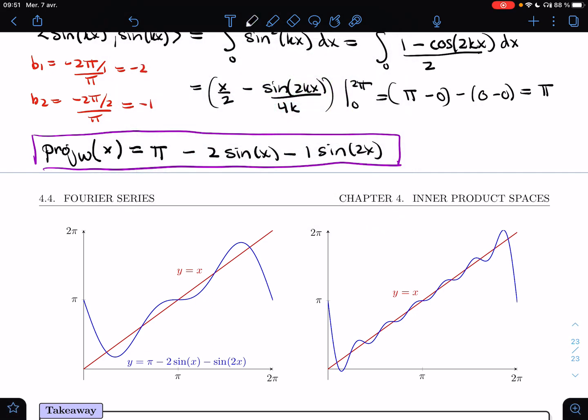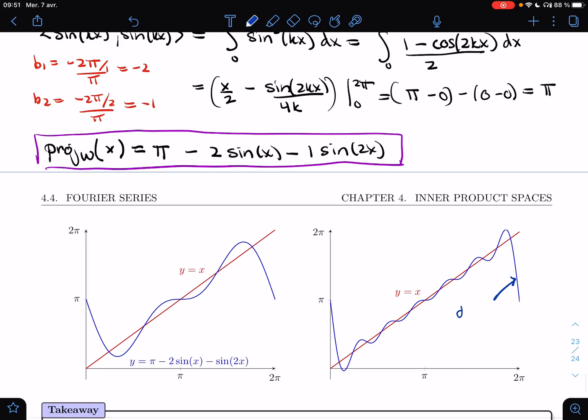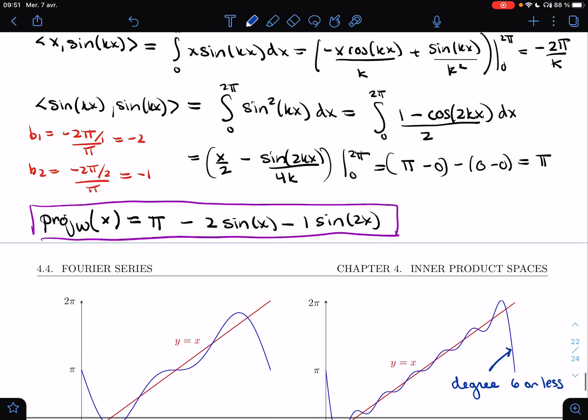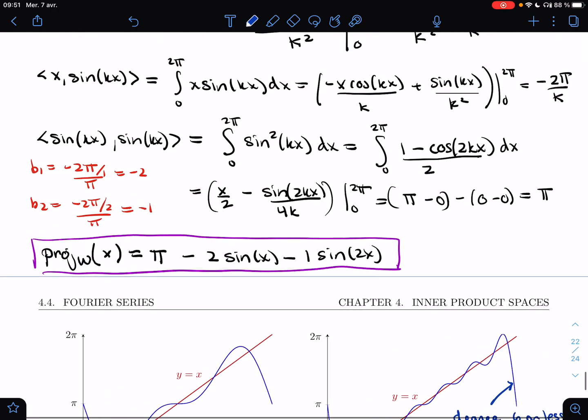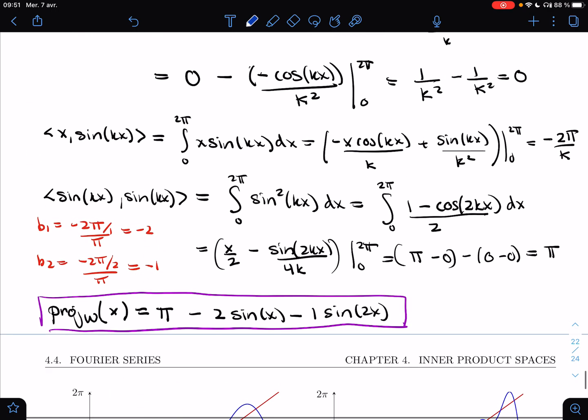So this in blue here, that's the projection with degree 6 or less. In fact, you could probably guess, just from the computation we've already made, since most of the computation had k's in them, you could probably figure out what the terms were, because it's minus 2 over k, that's it.